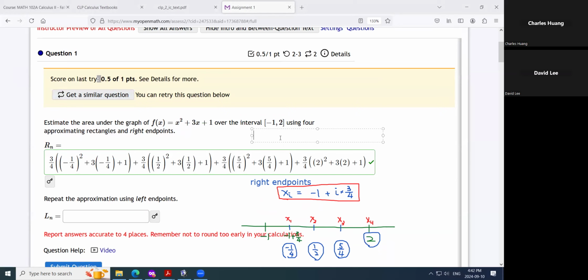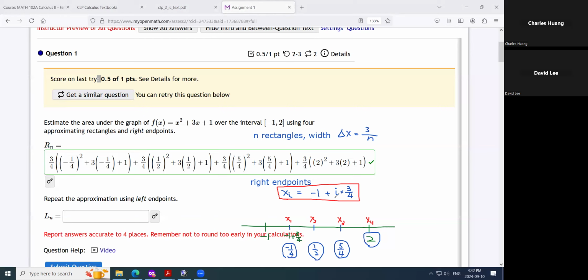But if I want to find the real answer, I'll say I have n rectangles. The width, delta x, in this case will be 3/n, 3 because it's 2 minus -1. The distance is 3.